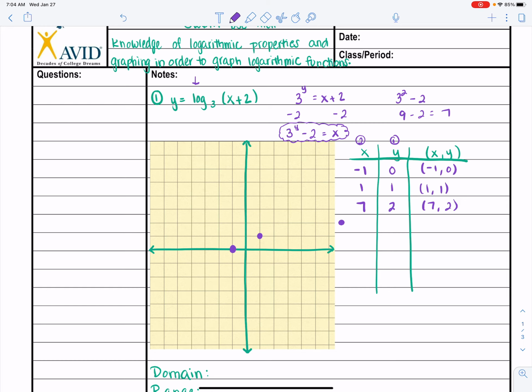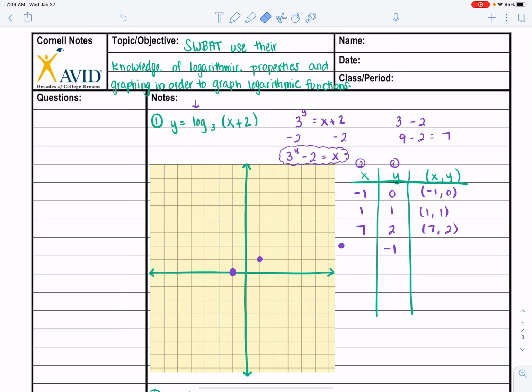So let's say I pick negative 1. So that's 1/3 minus 2. 1/3 minus 2 is like negative 1 1/3. And when you are simplifying and writing your x values, you need to write them in whatever form makes the most sense to you.